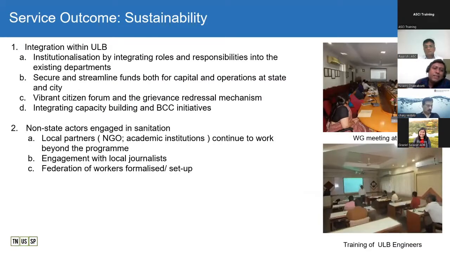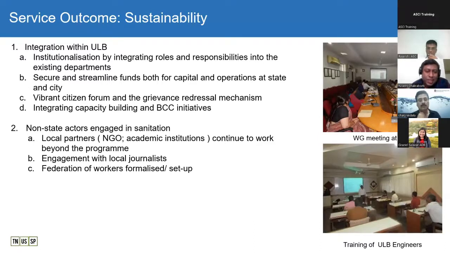On the sustainability part, all the interventions and demonstrations will definitely not sustain unless we consider this part. First and foremost is institutionalization, because the CWIS concept is a new thing: how it works, how it looks, and who will be responsible.